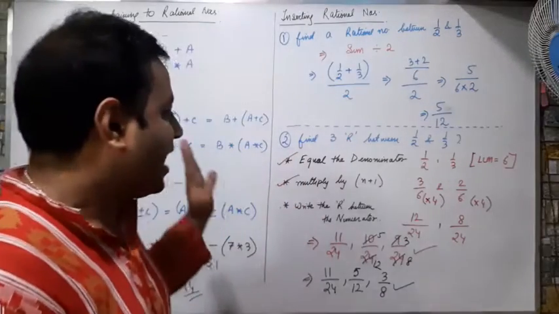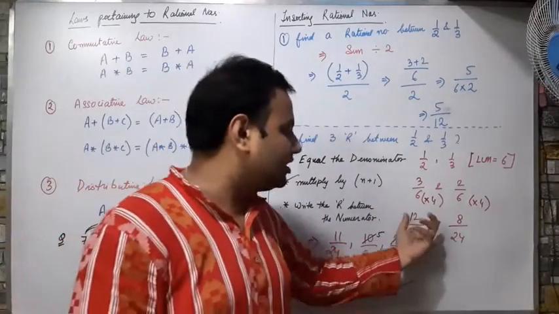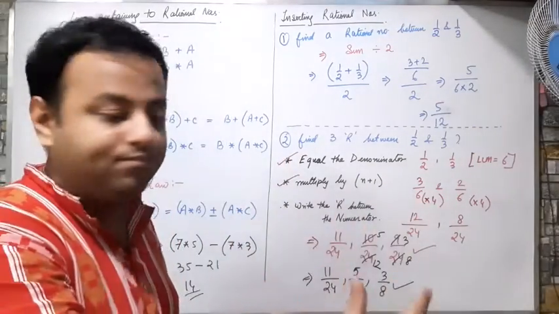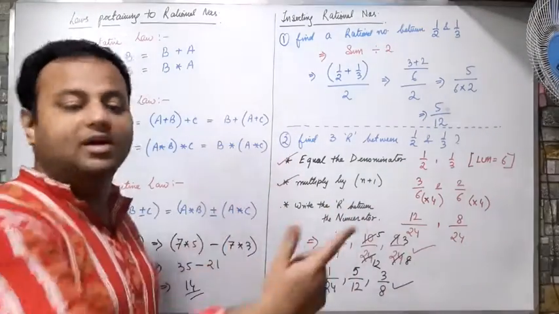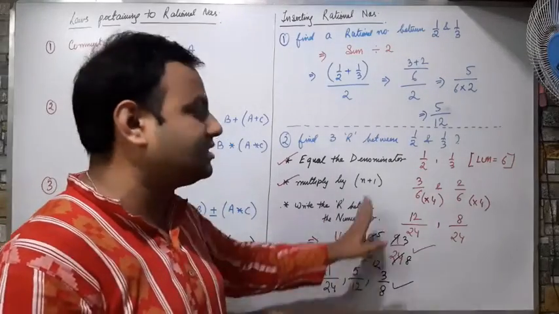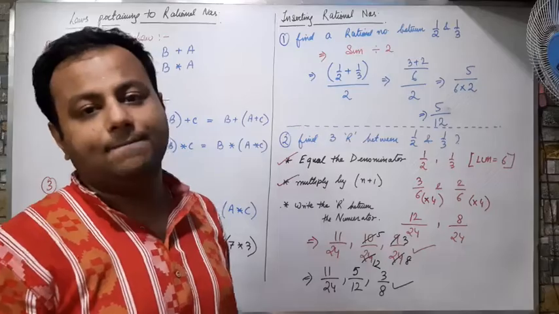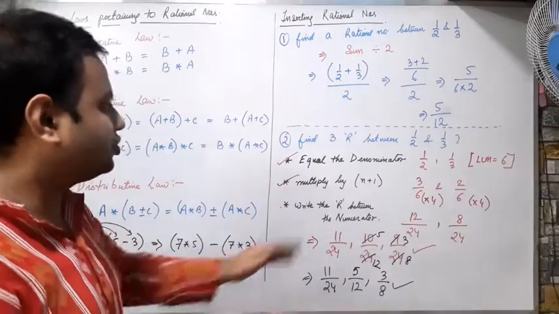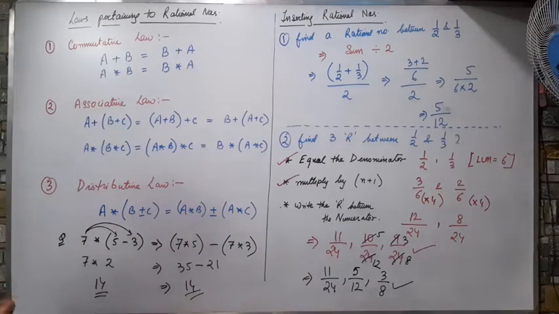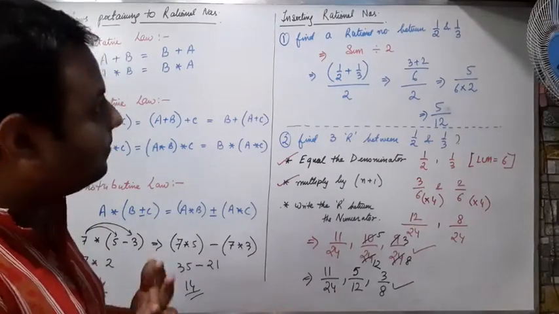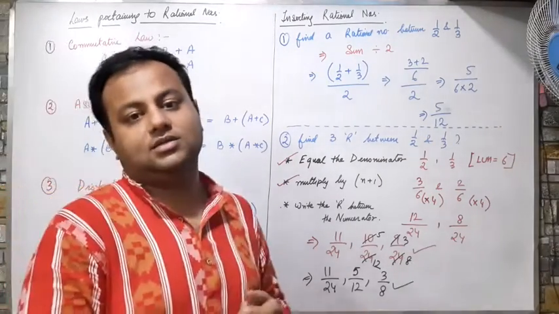Then the denominators will be the same, only the difference will be in the numerators. You will find the rational numbers present between the numerators, and that will be your answer. So this is how we can insert rational numbers between given numbers.